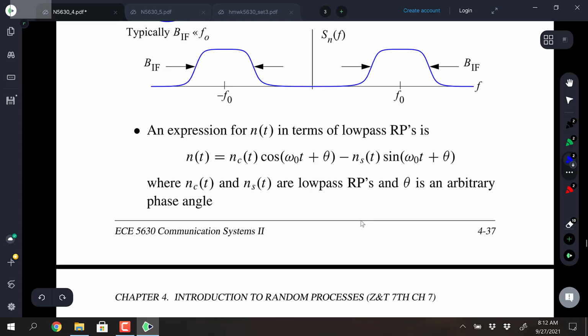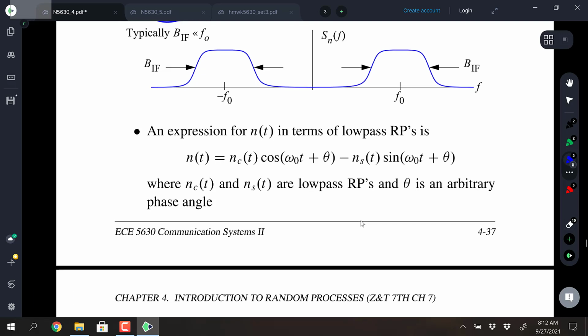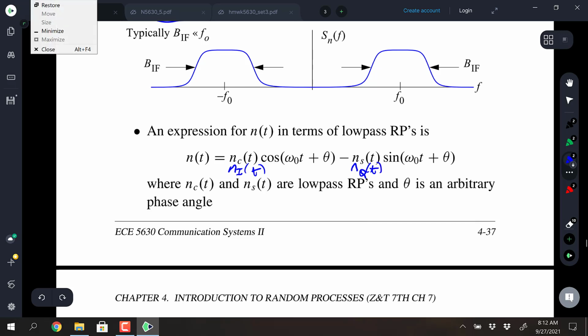If you don't like that symbol, before too long we end up having things like I and Q for in-phase and quadrature, but the book's notation is c and s. And we'll see how that comes together here in a bit.